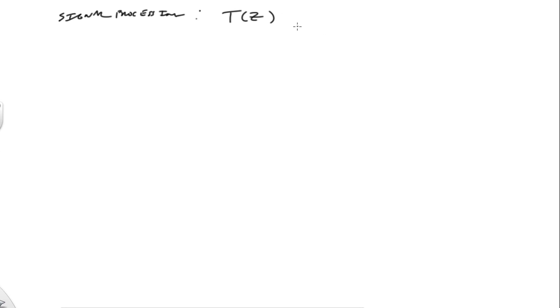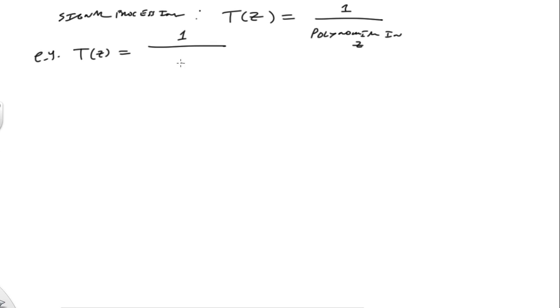We think of that as a complex variable, and that comes from the Laplace transform, and it's some sort of 1 over polynomial in z. Okay, so let's talk about a particular example. Let's say we have a transfer function of the form 1 over z minus 2, z minus 1.